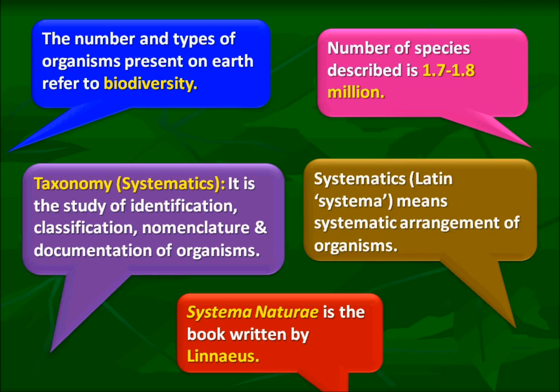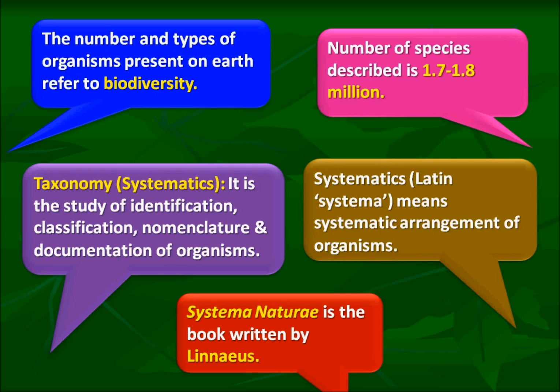And now we have a special term known as taxonomy, or it is also known as systematics. So systematics is that branch of biology which deals with identification, classification, and nomenclature and documentation of organisms.